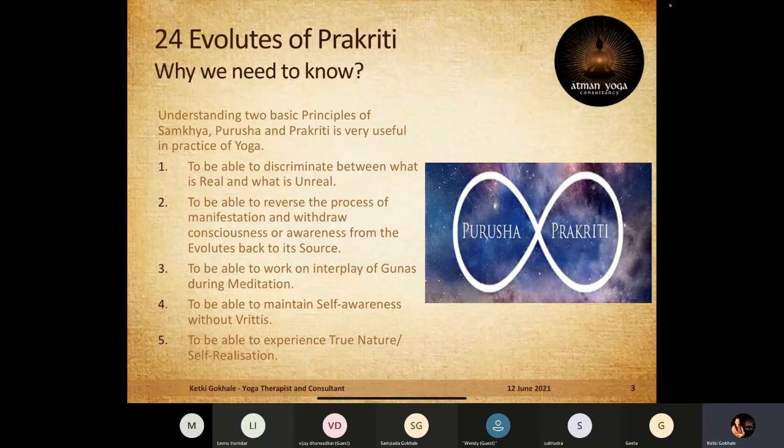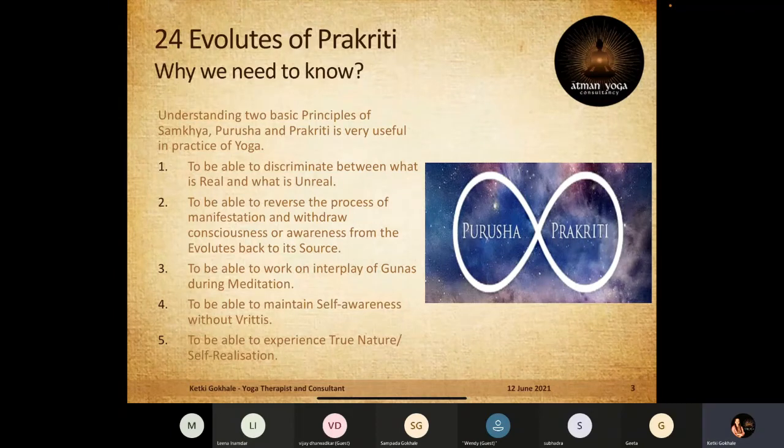So if we understand all the tattvas of Prakriti, we can use our viveka or the discriminative power to always analyze what is real, what is unreal, to be able to reverse the process of manifestation, the process of evolution, and withdraw our consciousness or awareness from the evolutes back to its source, that is the Purusha.